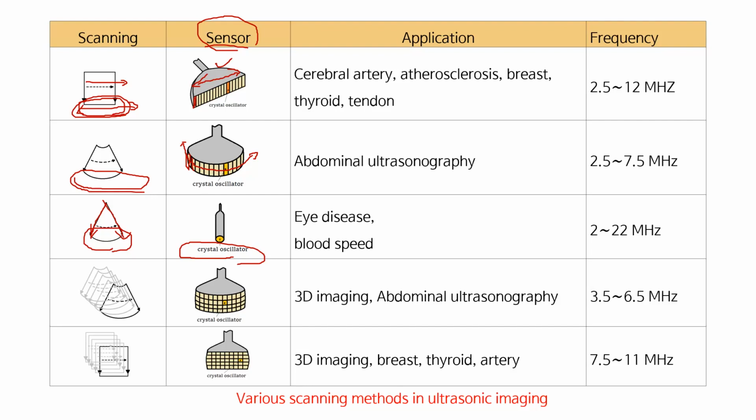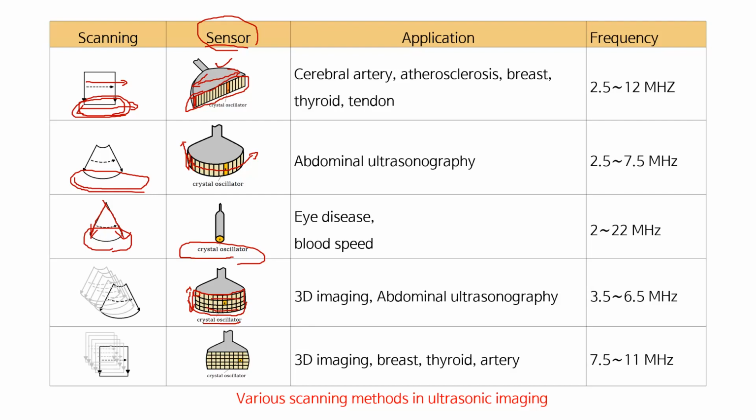If you use this kind of transducer, each one shows a transducer crystal oscillator. They are arranged in a two-dimensional array. This is just one-dimensional. But this transducer has the two-dimensional arrangement.